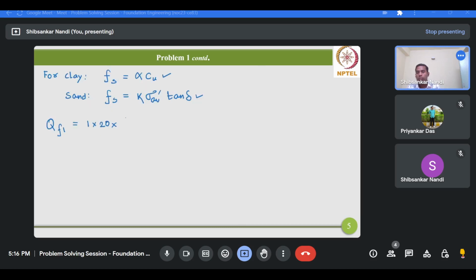Okay, so pi d, the diameter of the pile, gives you the perimeter, multiplied by 6. Okay, so this is the length of the pile in layer 1. Now if you calculate this value, it would be 20 into pi into 0.3 into 6, which is 113.1. So this is for layer 1.